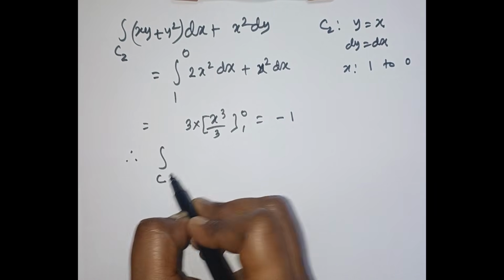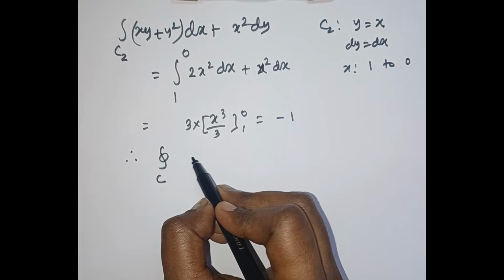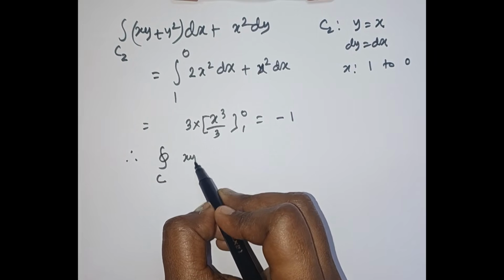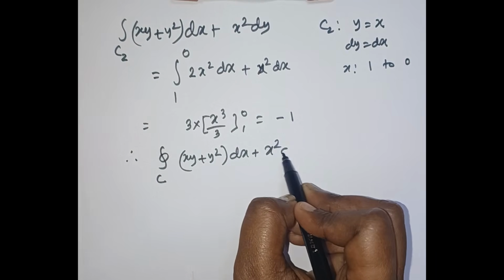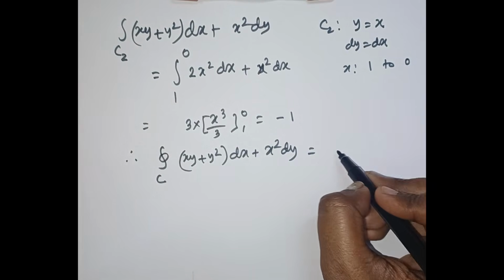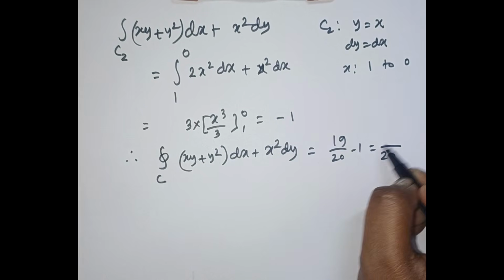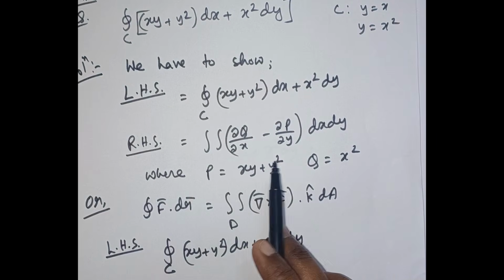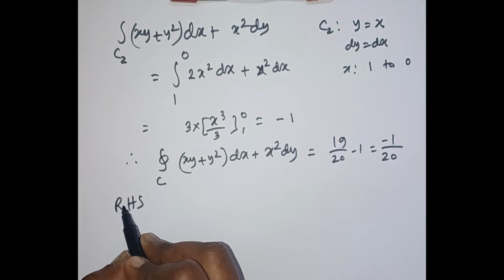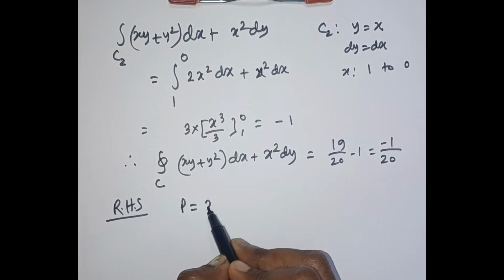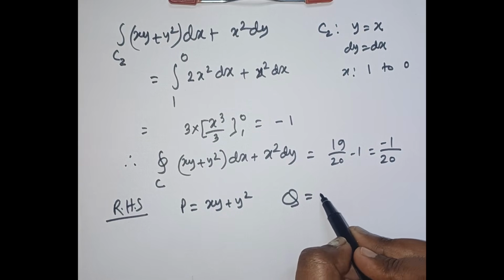Now the final line integration over C is equal to the sum of the line integrations over C1 and C2. So the final integration will be 19 by 20 minus 1, that is minus 1 by 20. And now we have to calculate the RHS. So for RHS, P equal to xy plus y square and Q equal to x square.